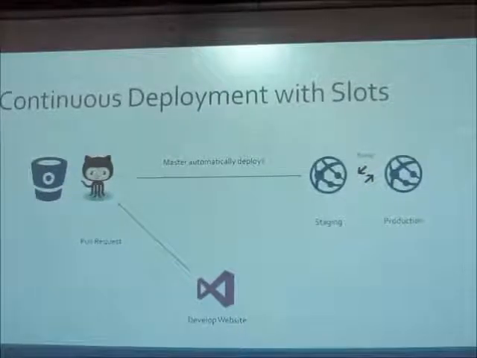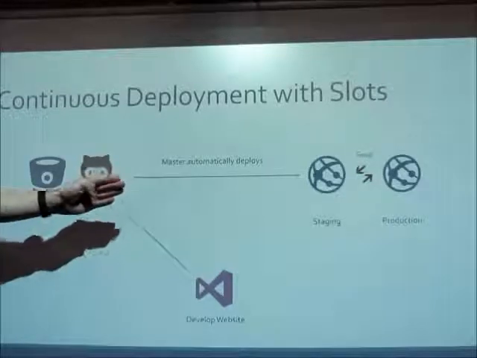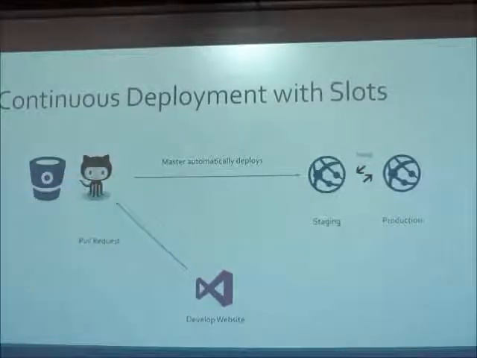All right? And so this deploys to your staging server, and then I get my QA to go in, do the manual QA on the site, and they give it the thumbs up, and then what I do is I swap production and staging. That happens very quickly because it's just like a hot swap of the two websites.